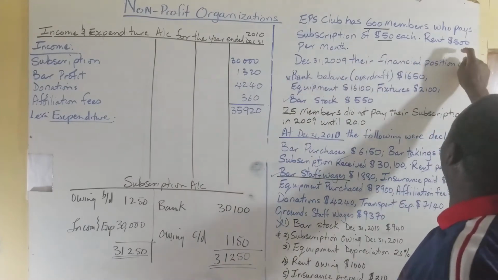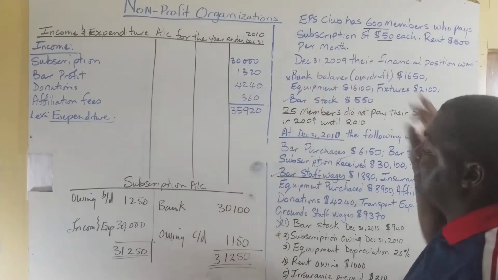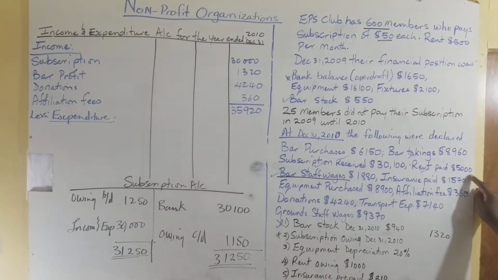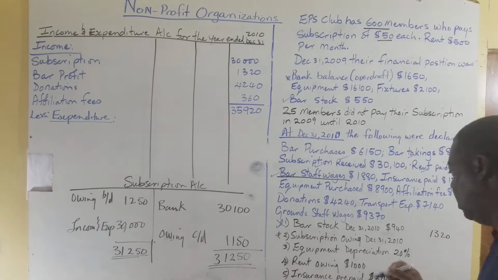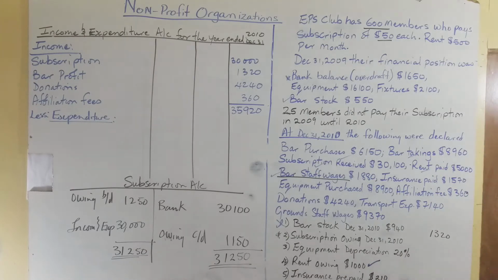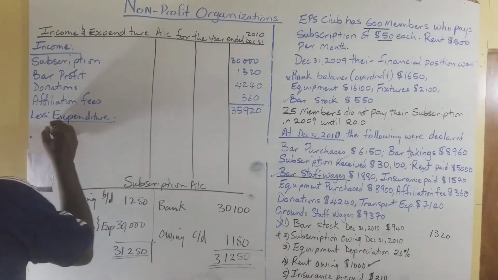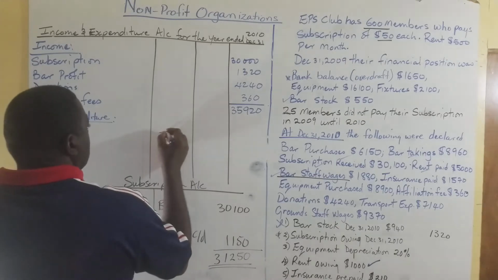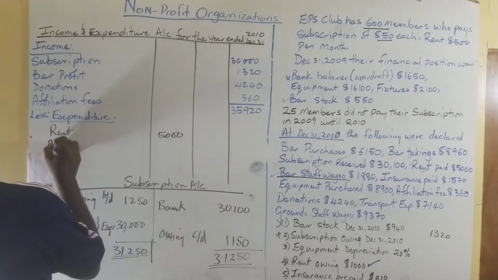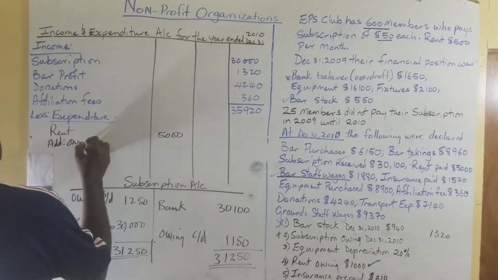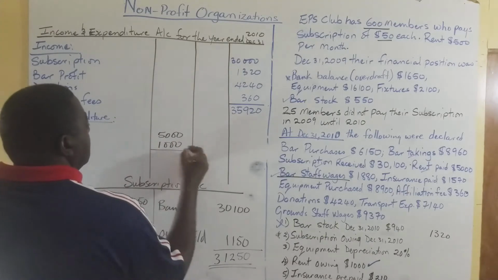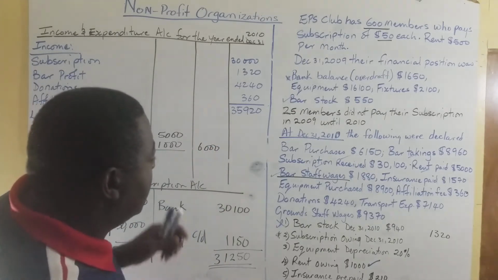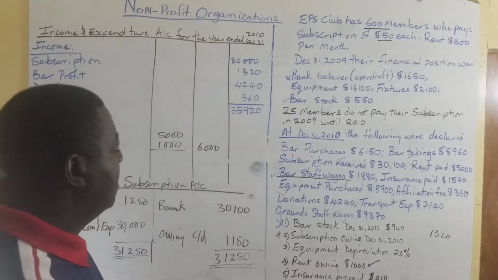So $500 times 12 will give us $6,000, but we have only paid $5,000. And here they have indicated down here that we have rent owing of $1,000. So we go here and we have rent, and we have paid 5,000. We're going to add the owing of 1,000, and so it is $6,000. We can move to the next expense.